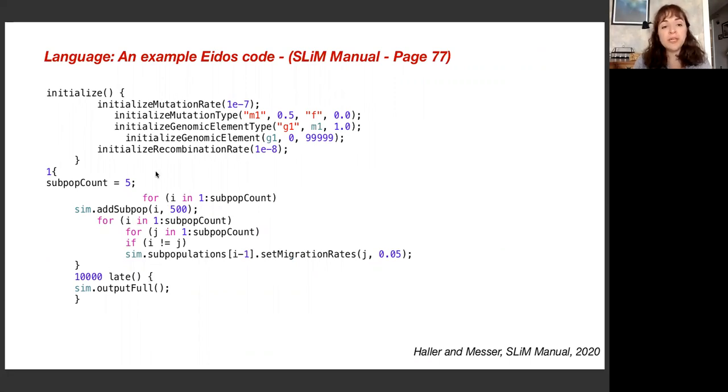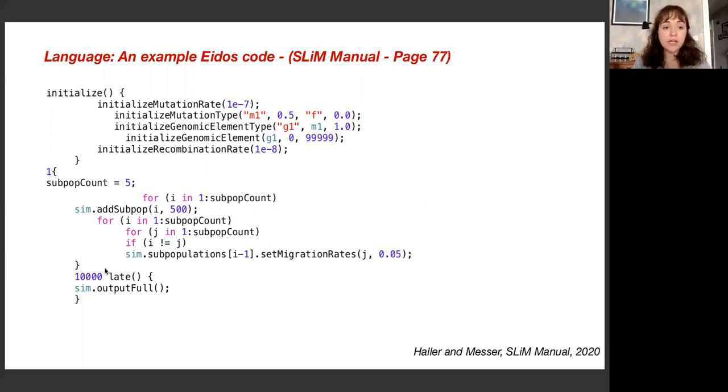Here, what you do is talk to the program to say, hi SLiM, let's set the mutation rate as this, and let's give a mutation type with a selection coefficient of X, and let's simulate a genomic element with a length of 10 kb, for example. And I would like a recombination rate of this. Then start my population here, do something here, and then at the end of 10,000 generations, give me an output. So you are just talking to SLiM. If you think in that way, it can be easy to write this.